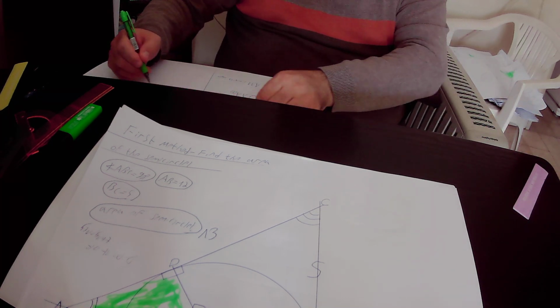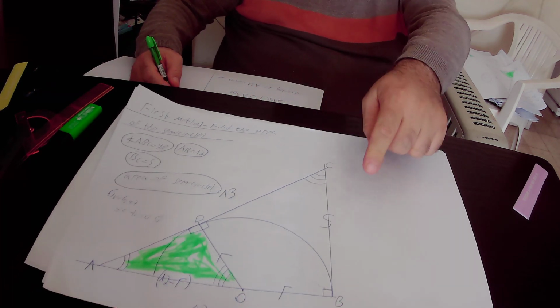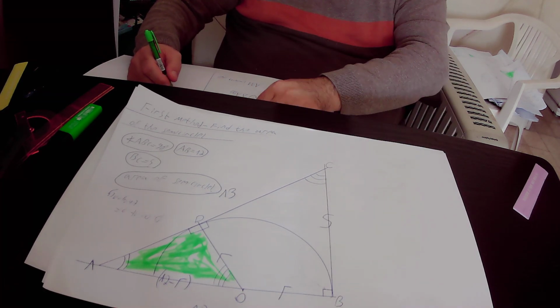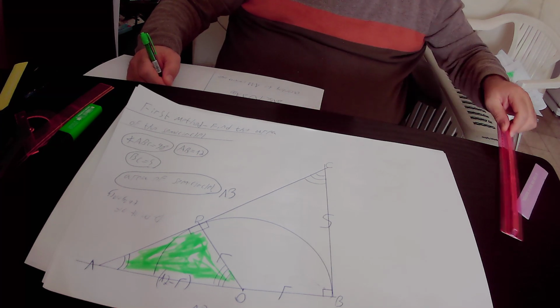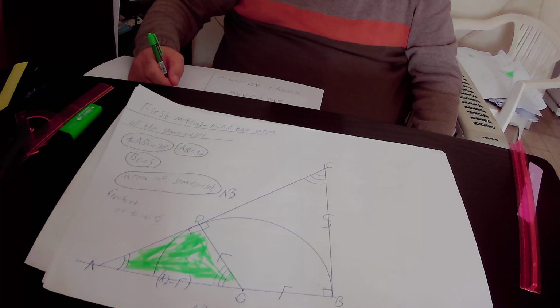But what is the value of CB? You can see here that CB equals 5 units. The value of CA is 13 units, we have already found out.